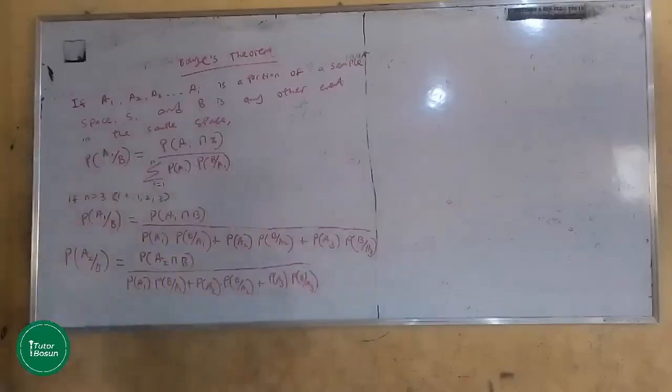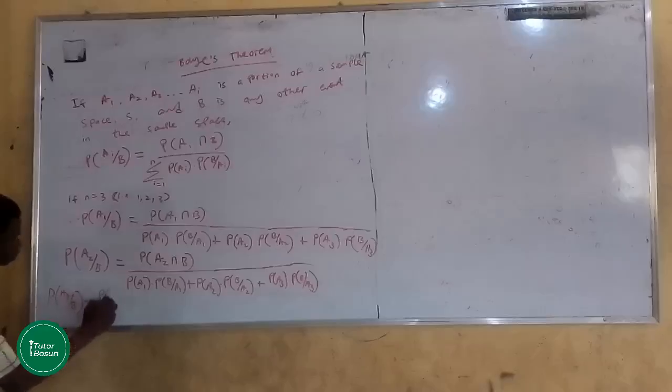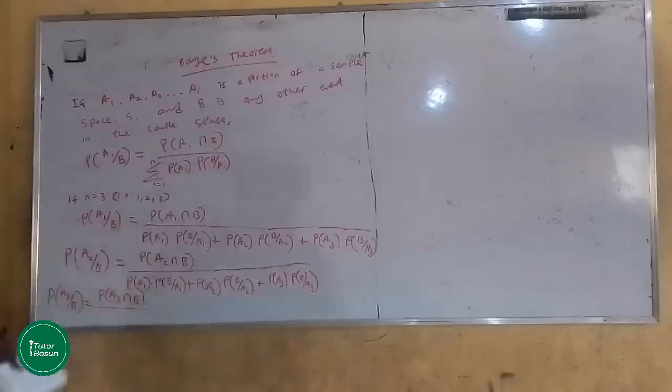Same thing for the probability of A3 given B. So you also have the probability of A3 intersection B over everything there. I don't need to write that again.